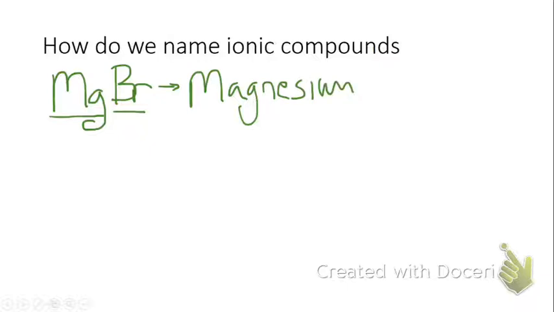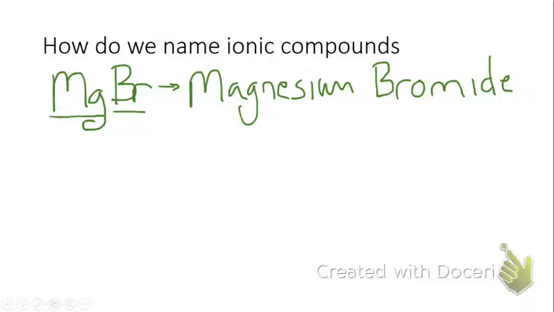Br is bromine. But since it is an ionic compound, we'll take the root and add IDE. So magnesium bromide.